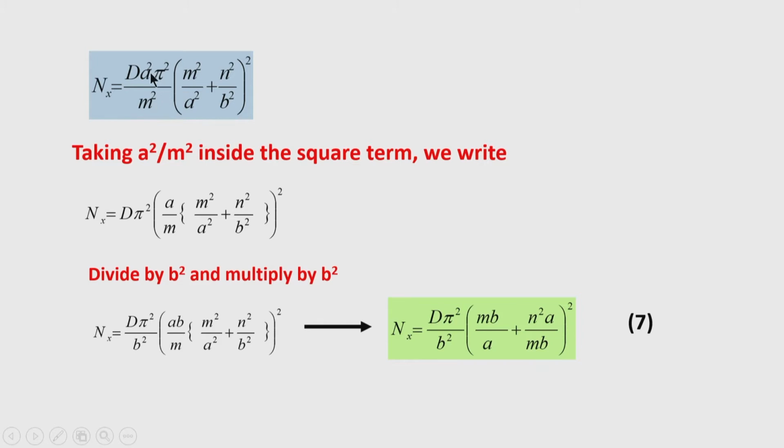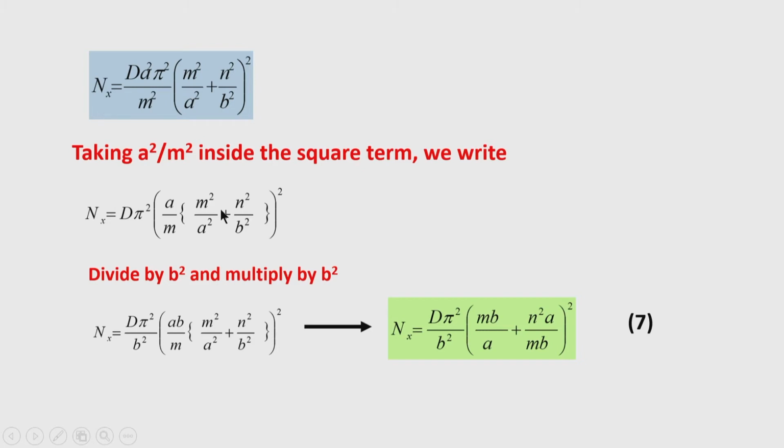So, taking a² by m² inside the bracket, here I get D π², and now I multiply the term inside the bracket with a by m, (m²/a² + n²/b²), and then the square of this term inside the bracket.